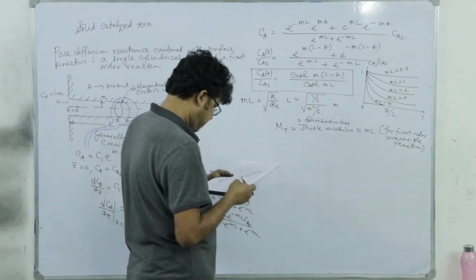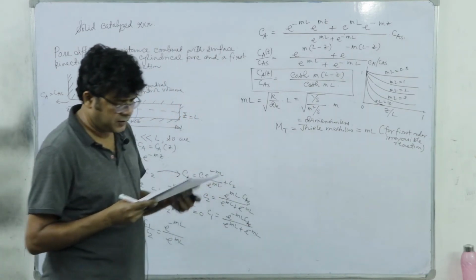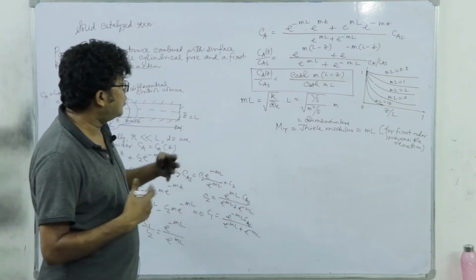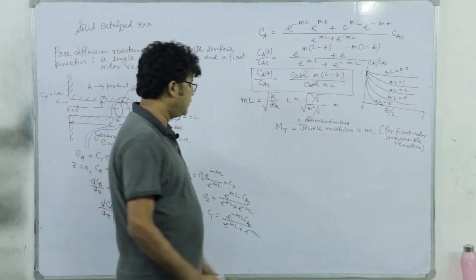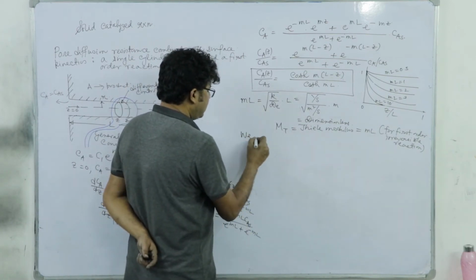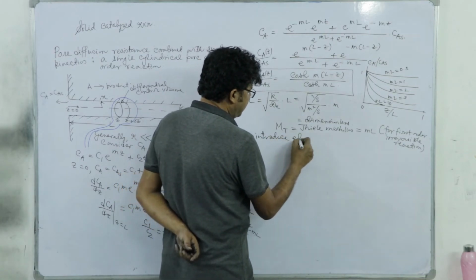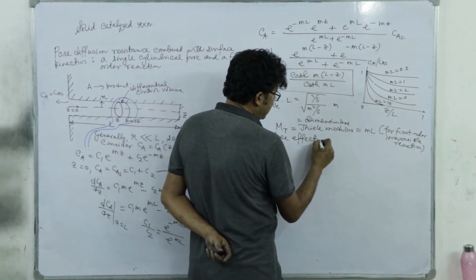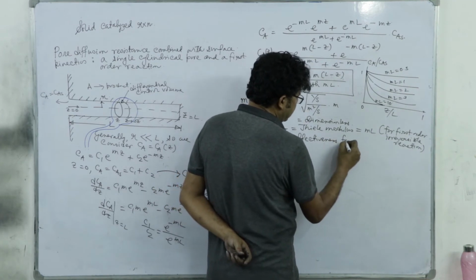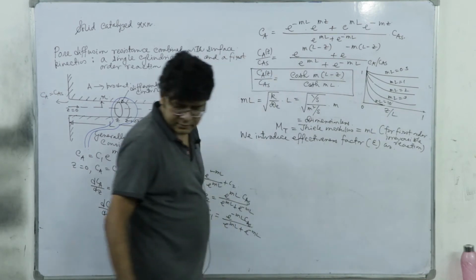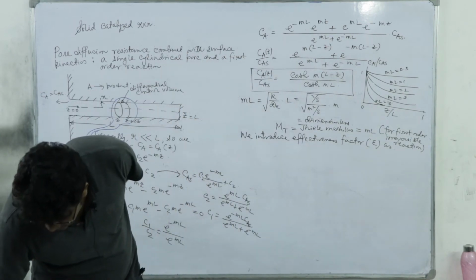So, now we have to think about what is the role, or quantify how much dominating is the pore diffusion. So, we introduce the effectiveness factor epsilon as, let me check the name, yeah, effectiveness factor.